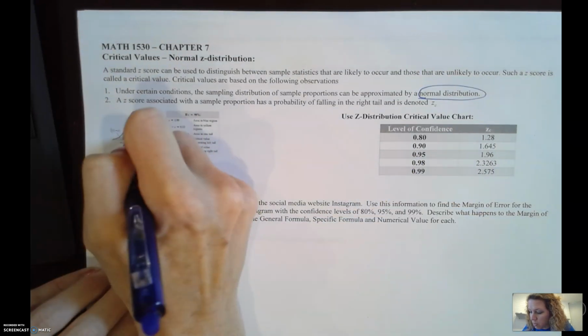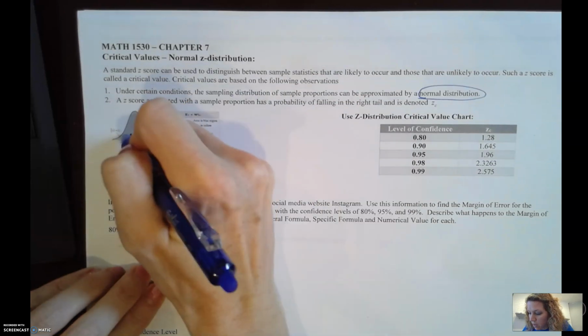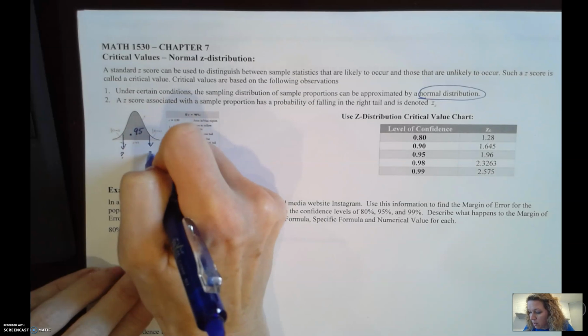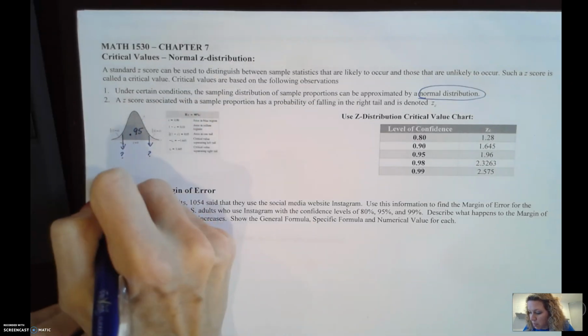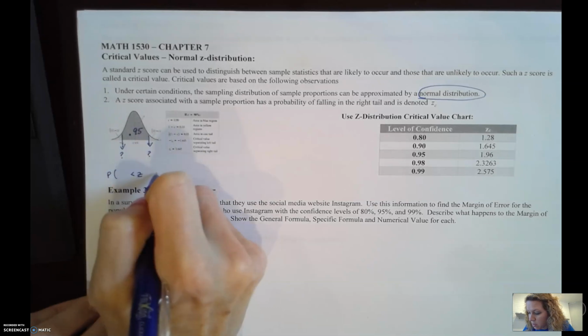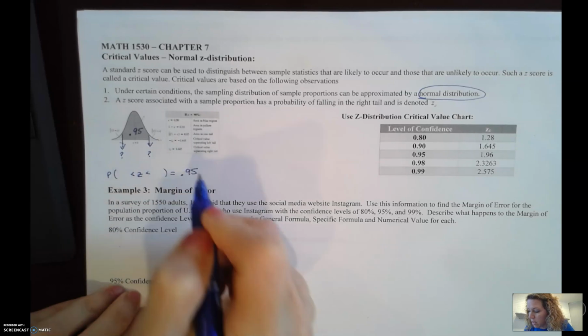Remember in the previous chapter, if you had 95%, you could calculate these values by going probability of z is less than or equal to, remember it's between, and the 0.95 is on the right hand side of the equal sign.